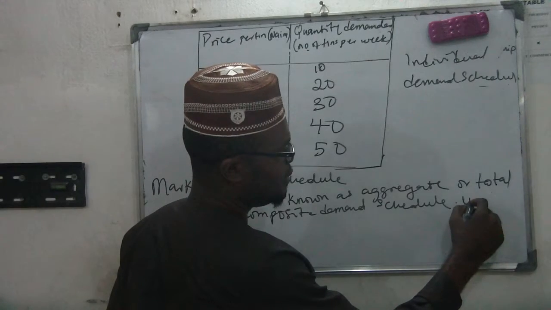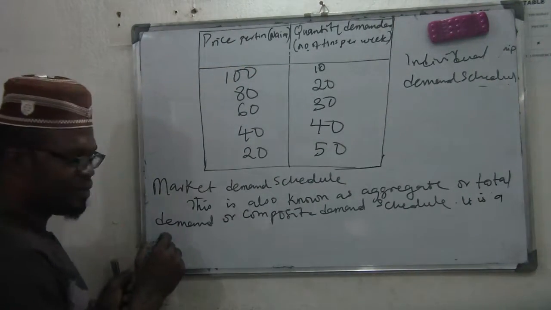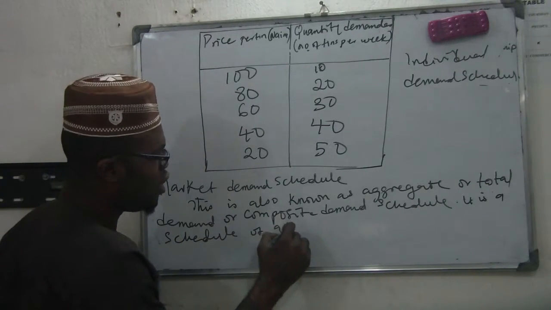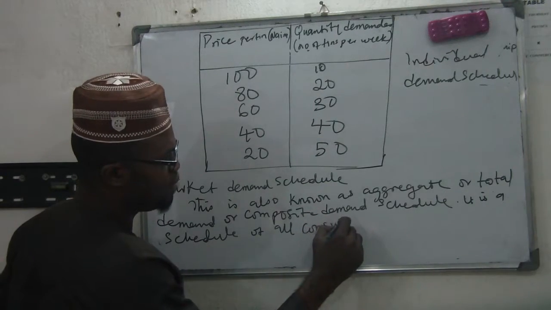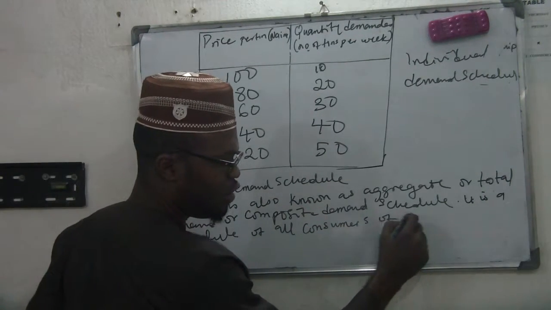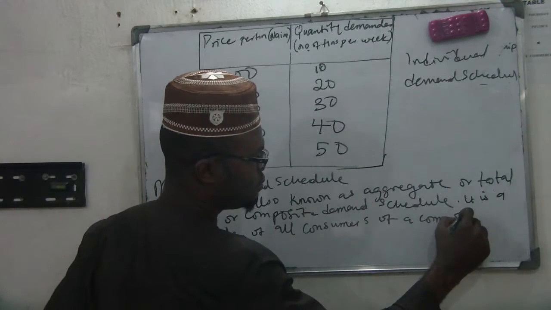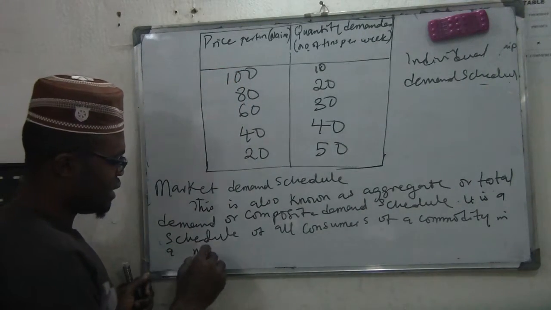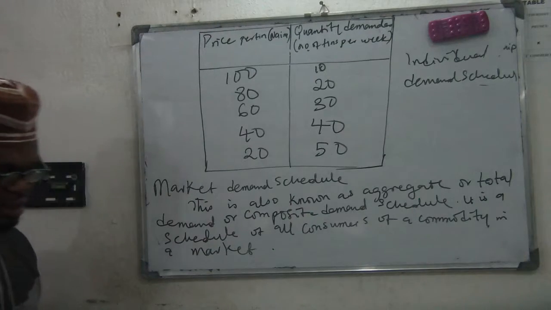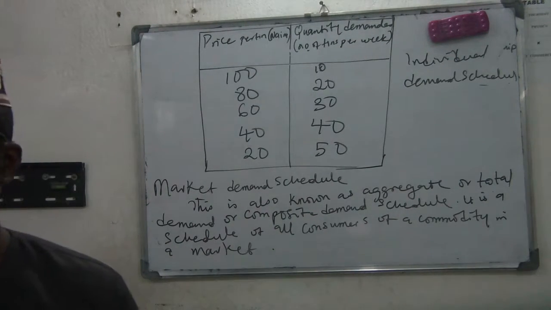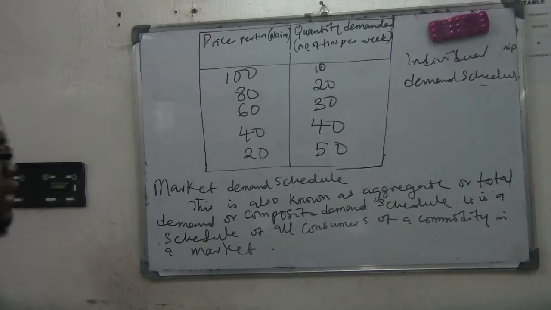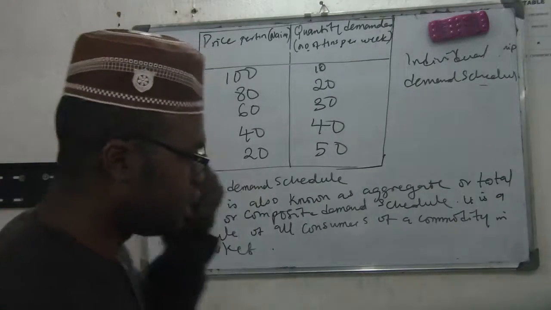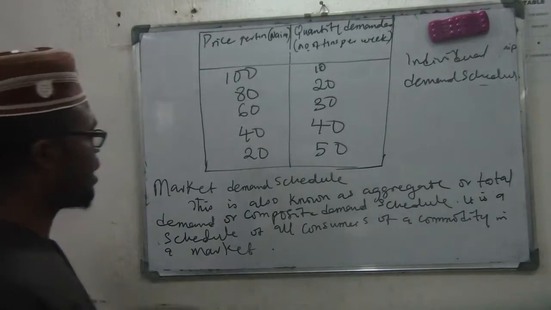It is actually a schedule or a table of all consumers of a commodity in a market. Unlike the individual demand schedule, which talks about one particular consumer, this one talks about all the consumers in the market.